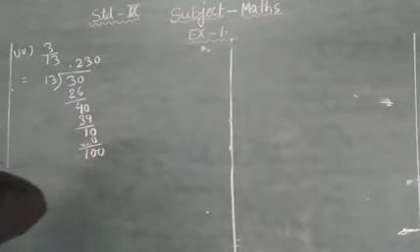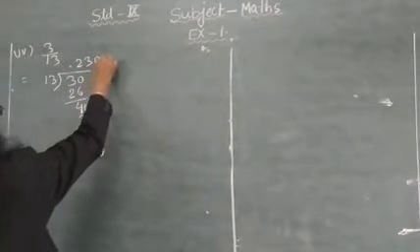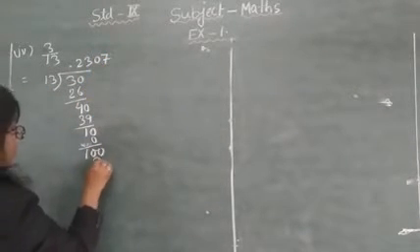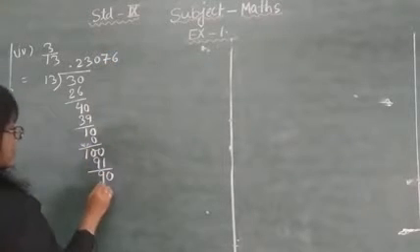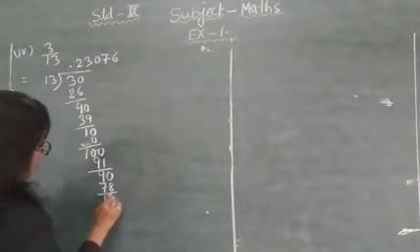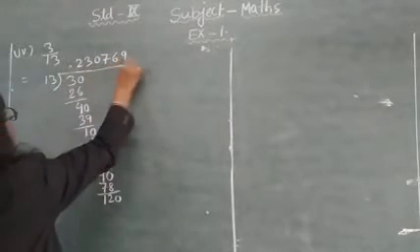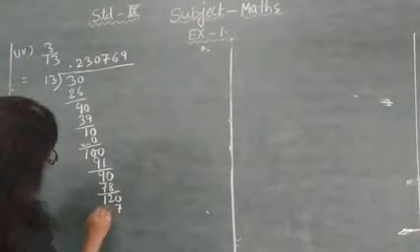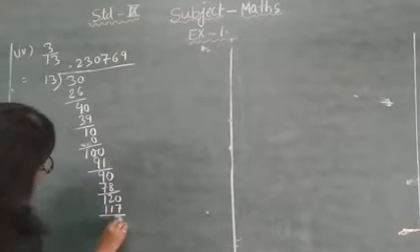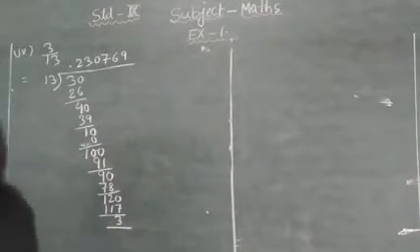Now 13 times 7 is 91, remainder 9, then 90, 13 times 6 is 78... 117, remainder 3.